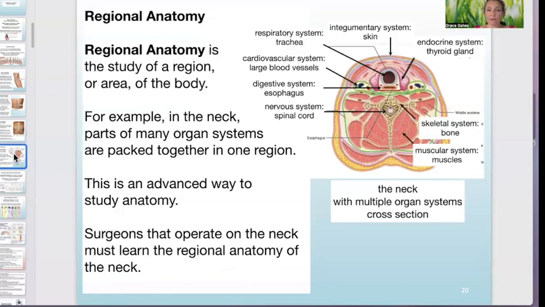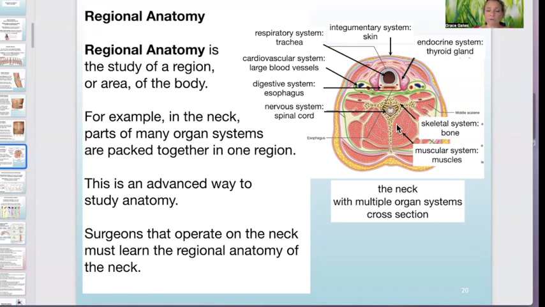There's regional anatomy, and that is the study of a region or area of the body. For example, in the neck, parts of many organ systems are packed together in one region, the region of the neck. Regional anatomy is an advanced way to study anatomy. It's very difficult to learn it this way. That's why we learn it using systemic anatomy instead of regional anatomy. And even though it seems so natural and organic to study using regional anatomy, in practice it's rather difficult.